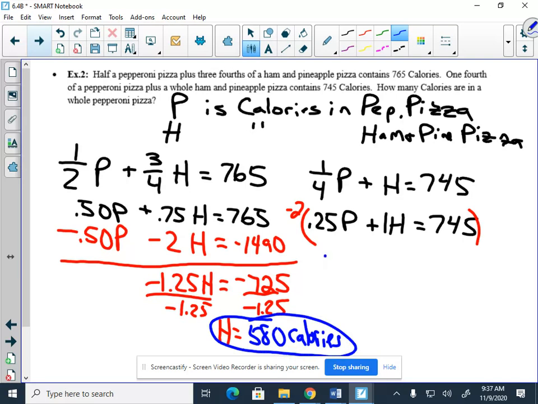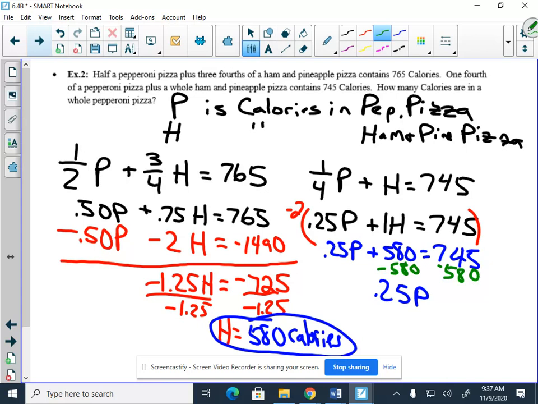I'm going to go back up to this one, 0.25p plus 580, since that's exactly the ham one. Then we get 0.25p. Remember, I'm to the point where I don't think you need to show this work, but if you do, put it on there, subtract 580, and that's going to get you 165, I think. Then we divide by 0.25.